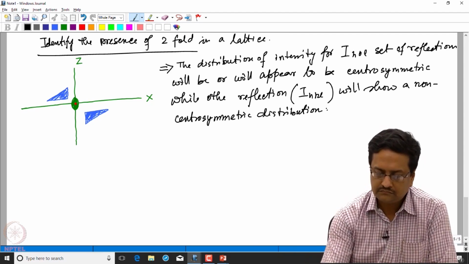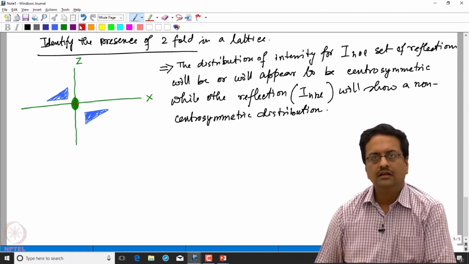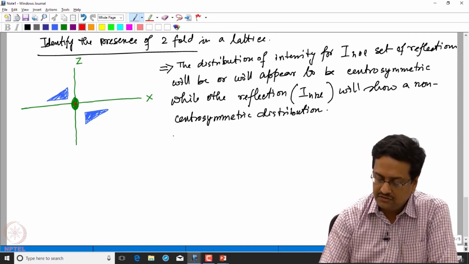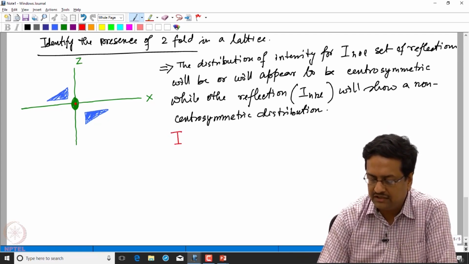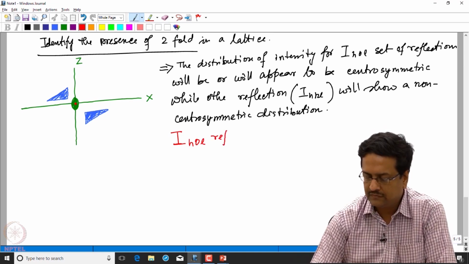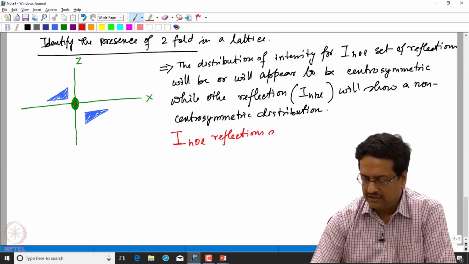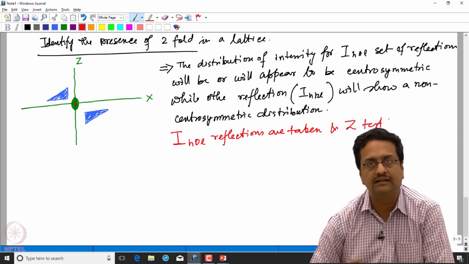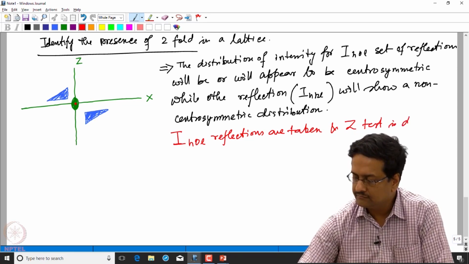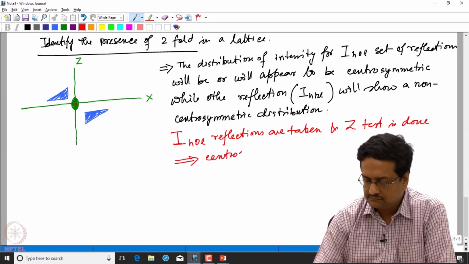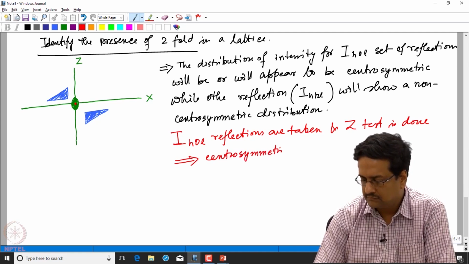So what do we mean? We mean that if the test for centrosymmetry is done with the reflections which have Miller indices like H0L, so all H0L reflections are taken and the Z test is done, like in the previous class, this would indicate a centrosymmetric distribution.